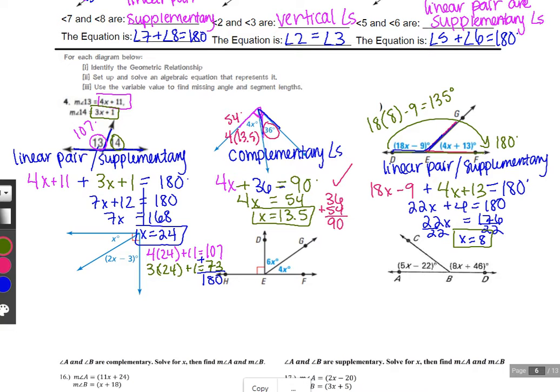So now I'm going to take 4 times 8 plus 13. And that should give us 45 degrees. And then when you're looking at this, you should think, okay, this angle plus this angle needs to equal 180 degrees. So plug it into your calculator, and it does equal 180, so we know we've done our algebra, and we know we're good there.